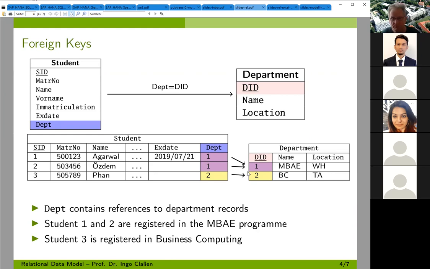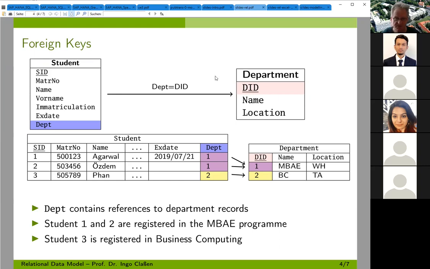Since this column is not obliged to be unique, there could be different records with the same foreign key value, and that means different students' records point to the same department, and therefore a department could have many students.